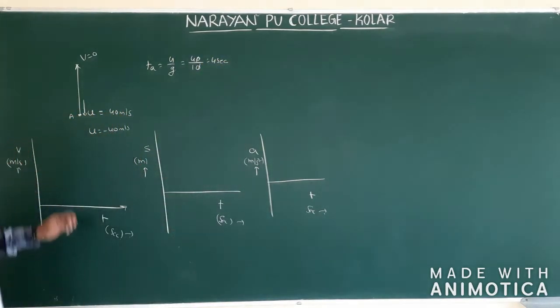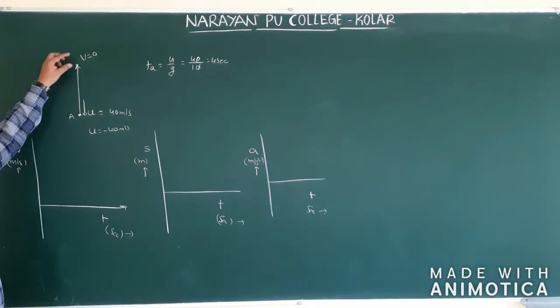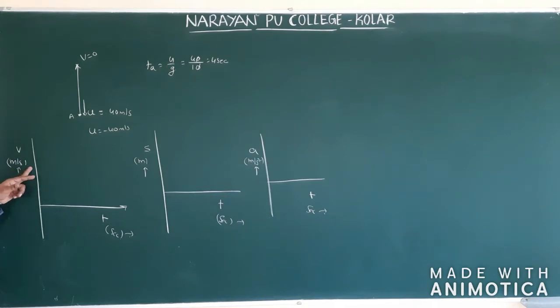Within 4 seconds the velocity 40 is going to become 0. Therefore, the initial velocity at time equal to 0 is 40, and the final velocity is 0 at 4 seconds. So it is going to come like this, isn't it?